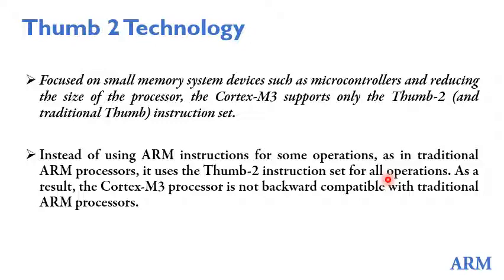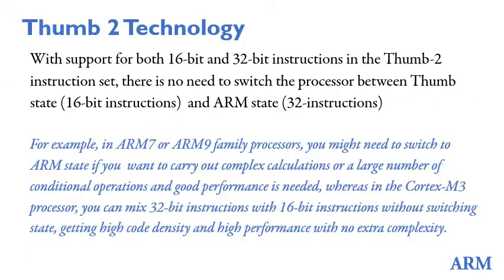But now since this Thumb-2 instruction set is capable of performing all these complex tasks, the Cortex-M3 uses only the Thumb-2 instruction set. So as a result, the Cortex-M3 processor is not backward compatible with traditional ARM processors.